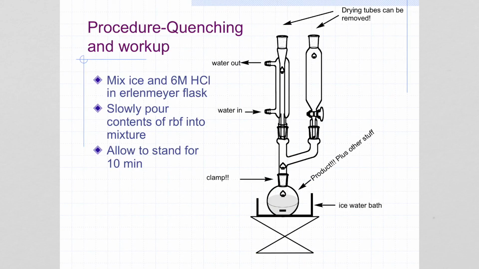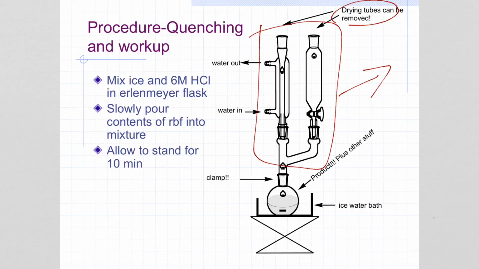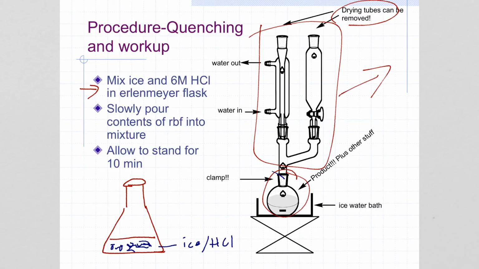Alright, so once your reaction is done, you can not only remove the drying tubes, you can just take all of this stuff off. What you're going to do is mix ice and 6 molar HCl in an Erlenmeyer, then take the round bottom flask and pour it into that ice and hydrochloric acid mixture and allow that to stand for 10 minutes.